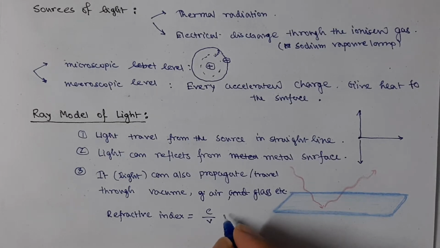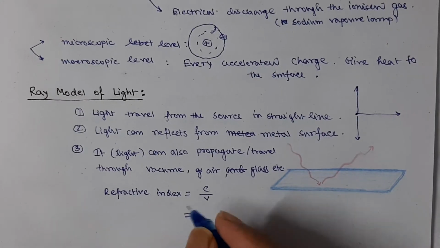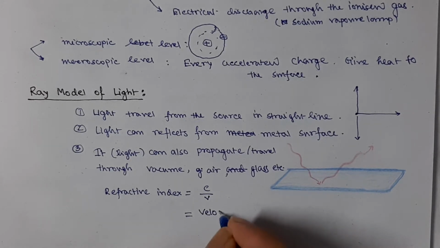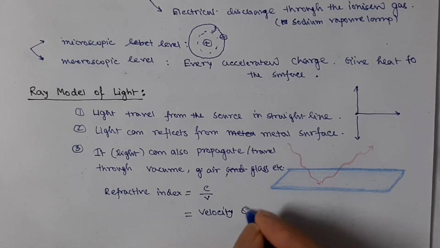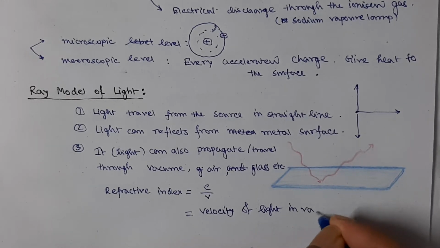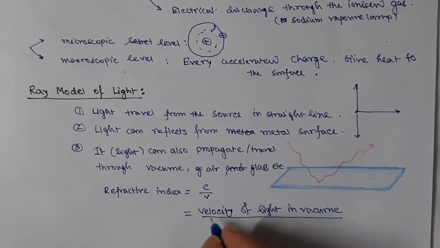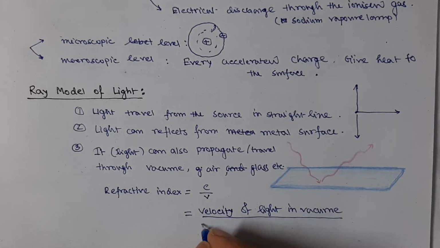Here c is the velocity of light in vacuum and v is the velocity of light in that medium.